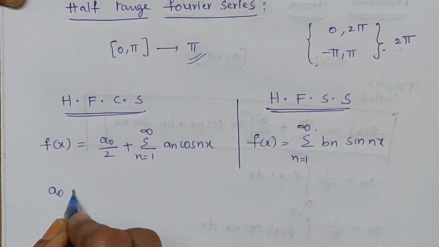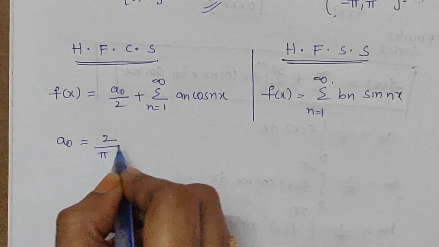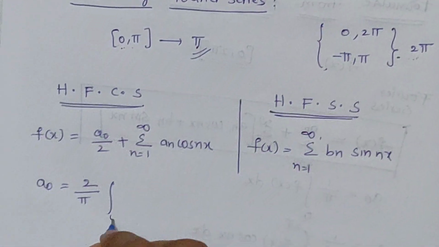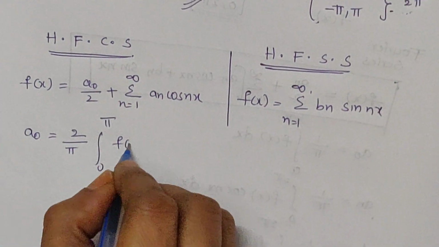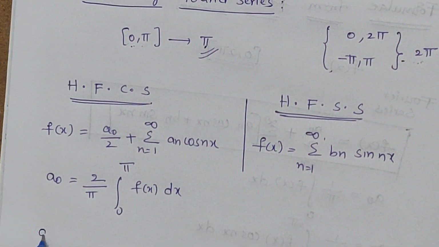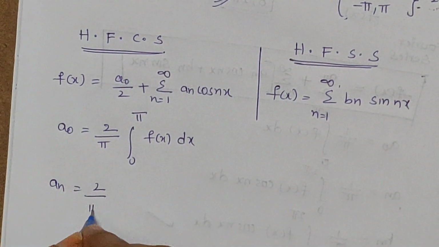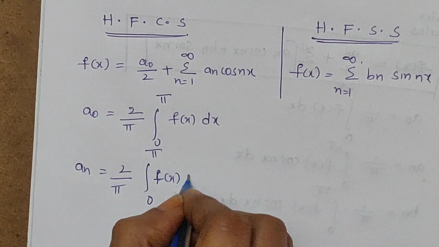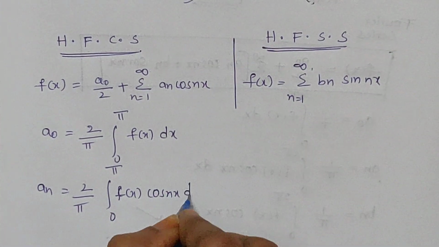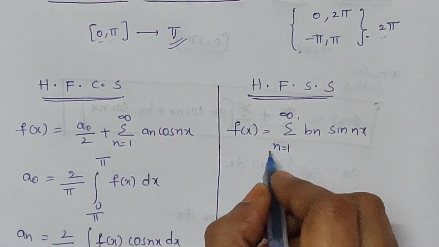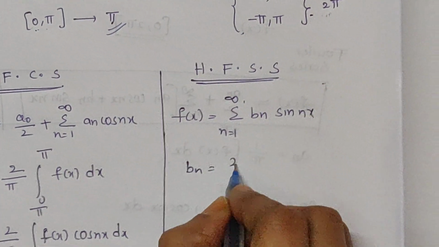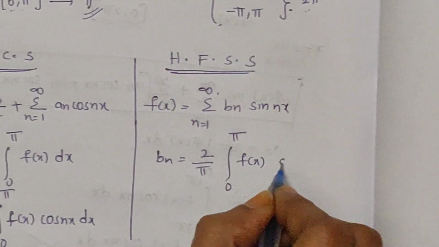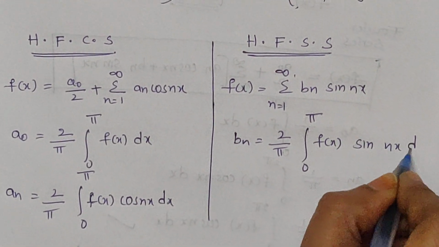Here to find a0, the formula is 2 by pi, and the interval is 0, pi, so integral 0 to pi f of x dx. To find an, 2 by pi integral 0 to pi f of x cos nx dx. To find bn, the formula is 2 by pi integral 0 to pi f of x sin nx dx.